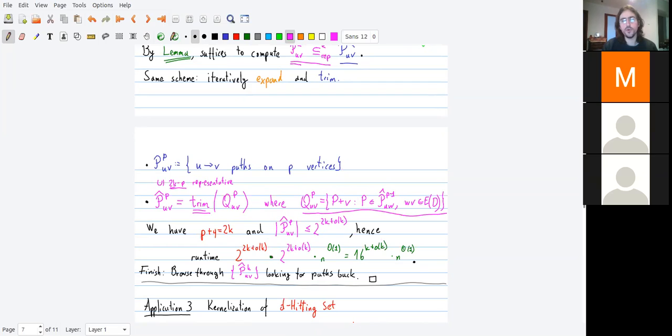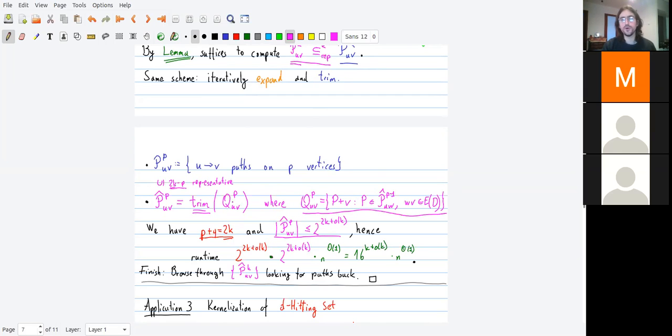So now what we have is that p plus q, so the representativity plus the sizes of the paths that we are interested in, are 2k instead of k as before. And therefore, the families that we are working on are of size 2^(2k + o(k)).